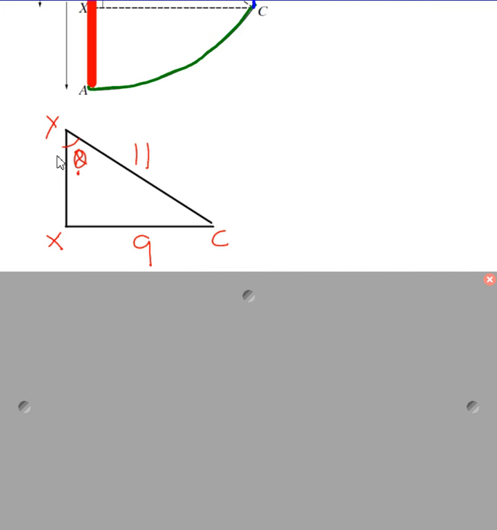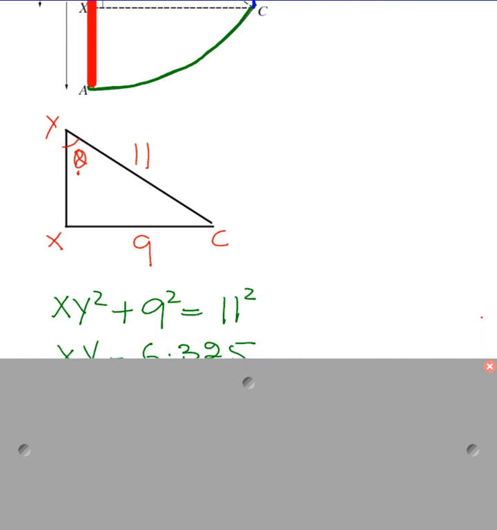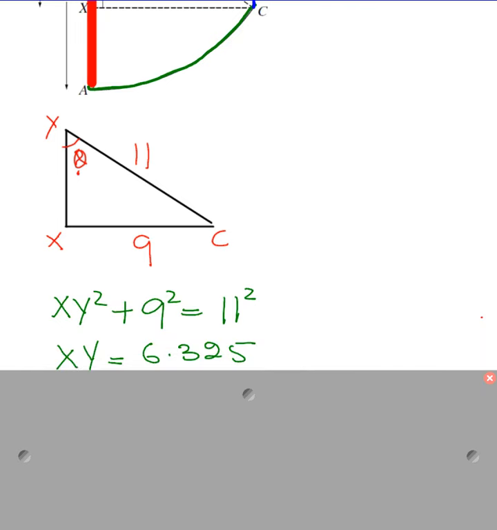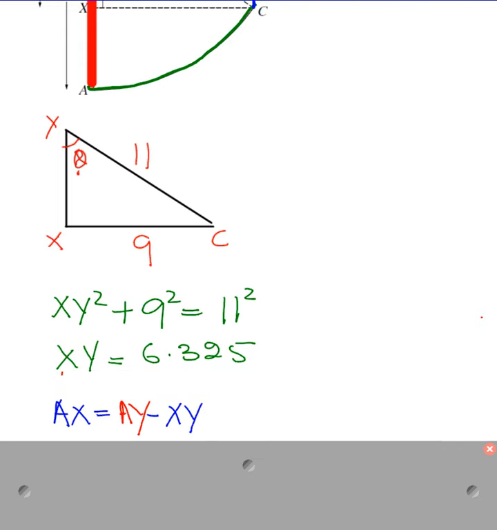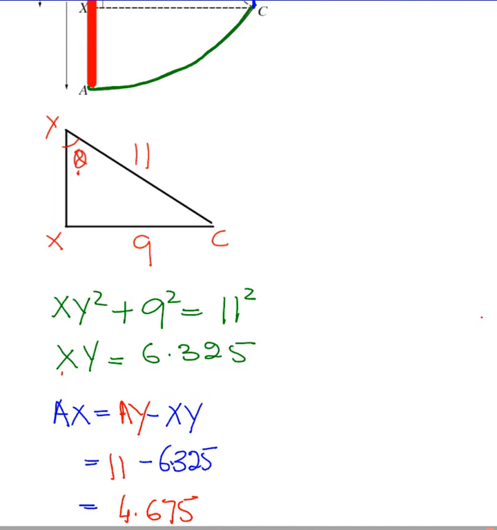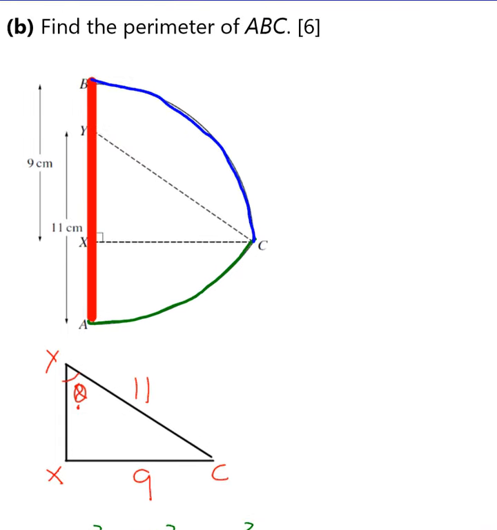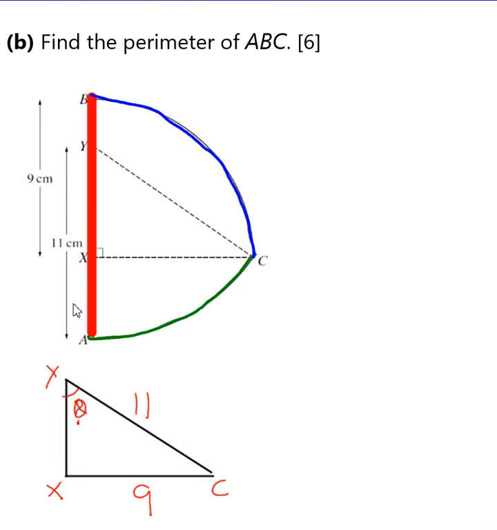When we get XY, from 11 we will subtract it to get AX. So this is a simple calculation, Pythagoras theorem and then subtraction. So I got 4.675. So now you know this length AX is 4.675. This is 9. So now you know this whole length.